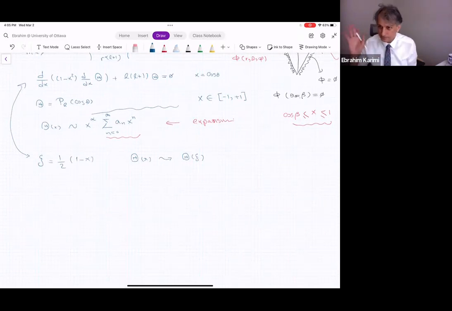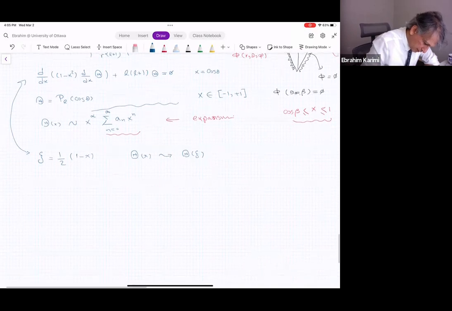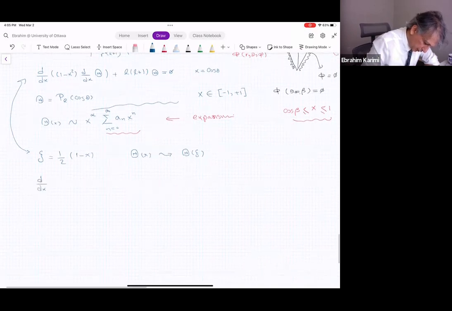Is it clear, guys? So I have to change the differential equation, which is d/dx of (1 minus x squared) d/dx of theta, now a function of zeta, plus L times (L plus 1) theta of zeta equal to 0.